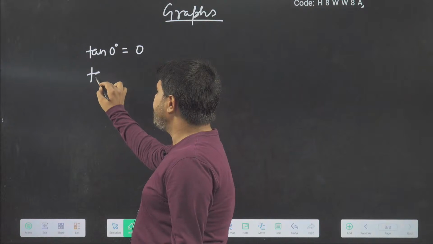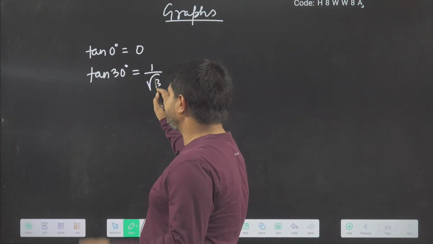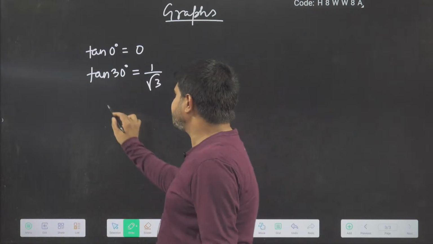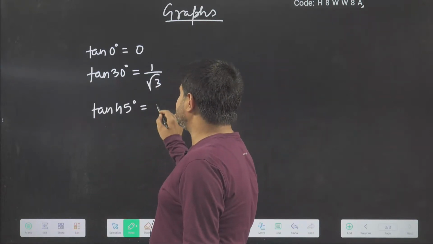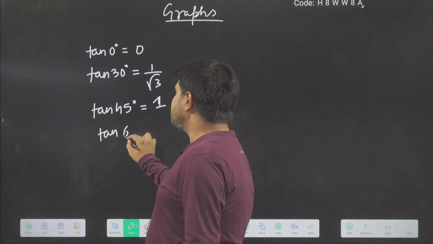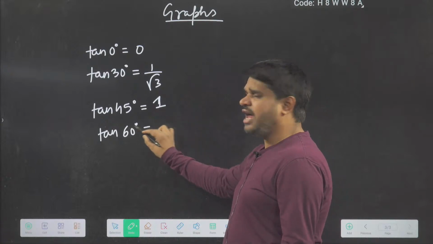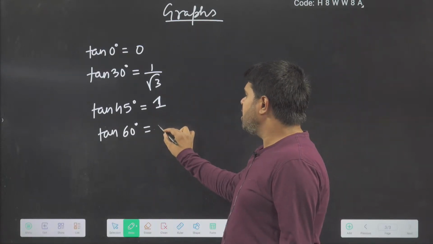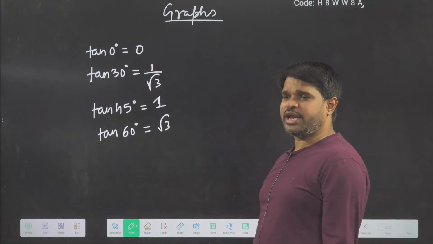Next, tan 30 degree is 1 by root 3. Next, tan 45 degree is 1. Tan 60 degree is going to be equal to root 3.